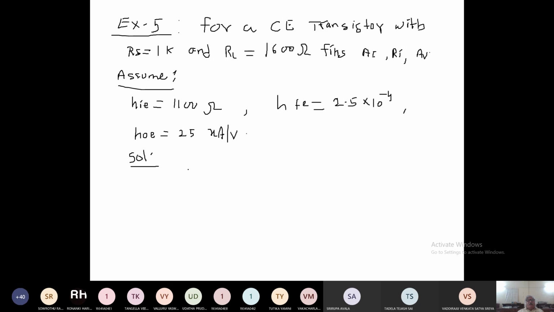For the solution, first you find out whether we shall go with exact analysis or approximate analysis.